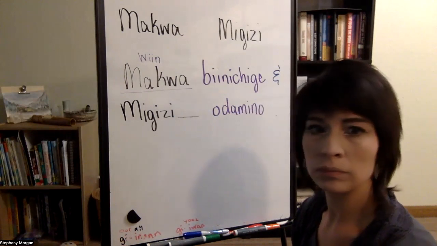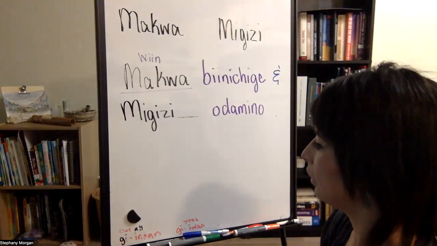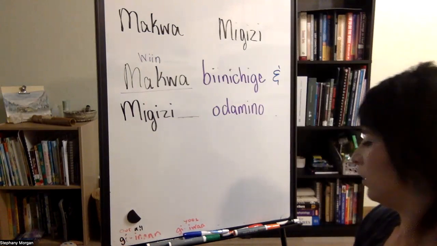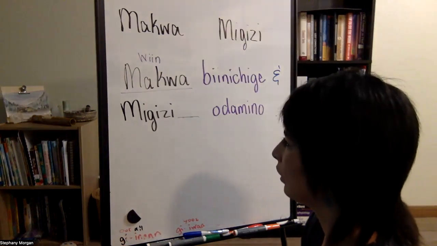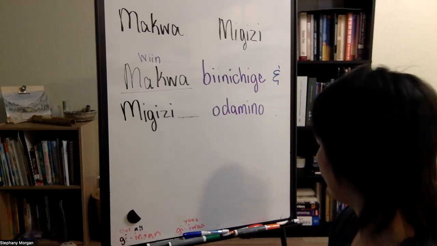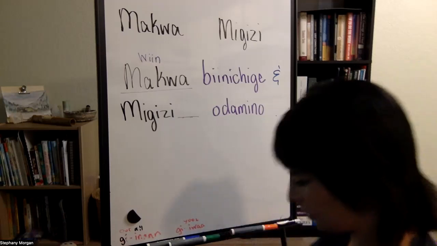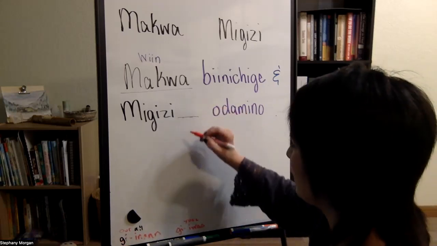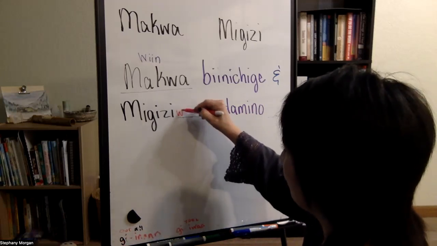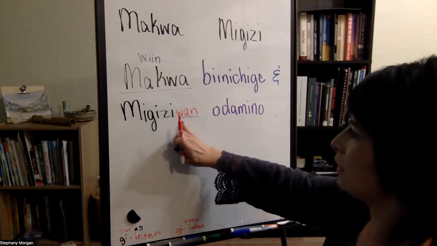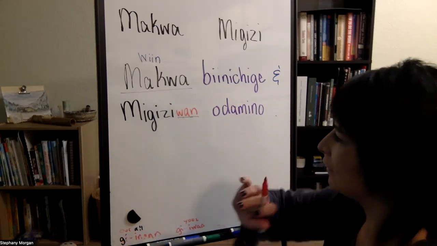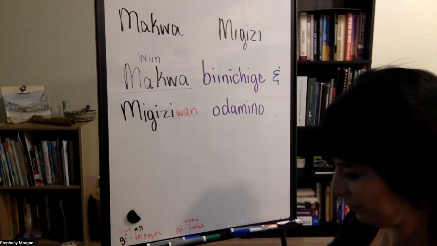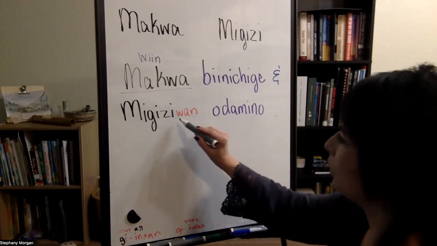Now, our fourth person marker for a name is just like putting an inanimate plural onto a noun, and that ends with N. Sometimes I don't always put the markers on correctly, but they're understood as being that marker, like Migizi-wan is what I would put here, but sometimes it's yun, sometimes it's just an N. But in this case, I'm pretty sure it's wan. So Migizi-wan.